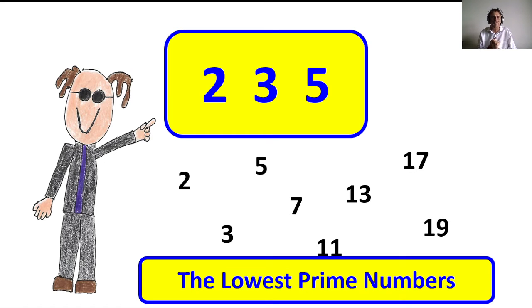And if you remember, prime factoring is about factoring a number to its lowest factor. Can you get lower than 2, 3, and 5? No, of course not.